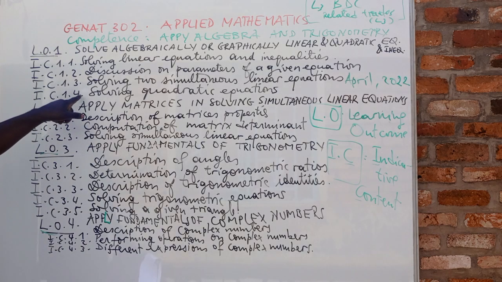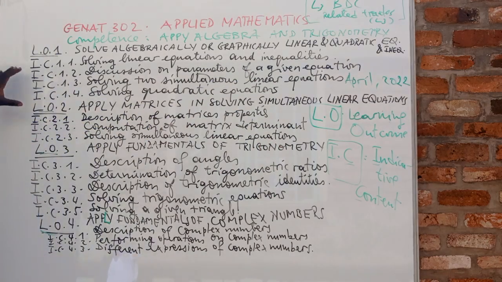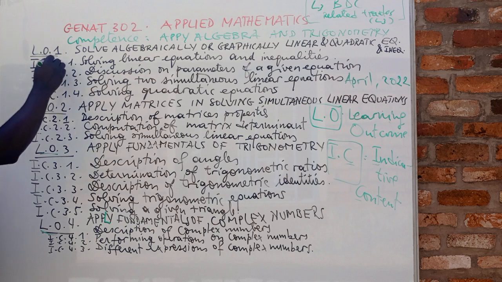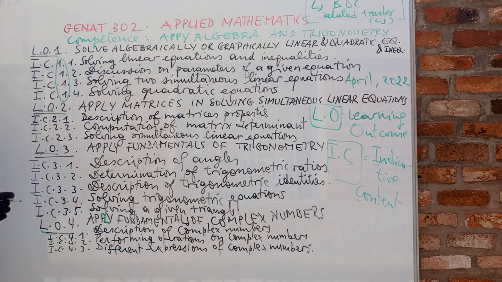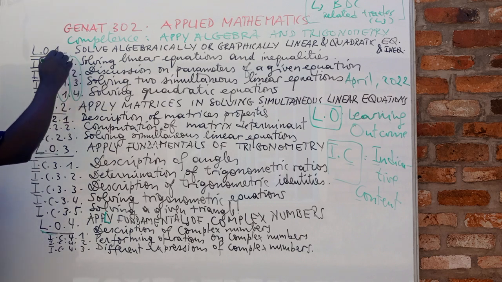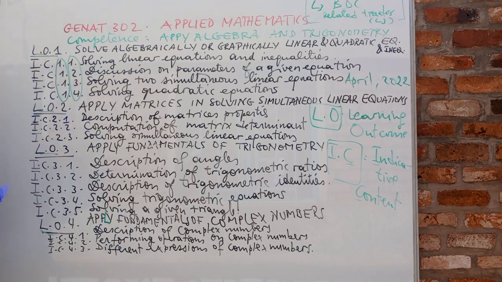Number 4, solving quadratic equations. And of course, the first index indicates the learning outcome, and the other indicates the number of the indicative content, their number or their level: the first, the second, the third, the fourth.